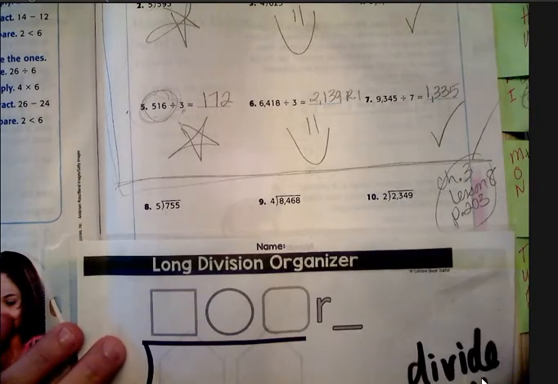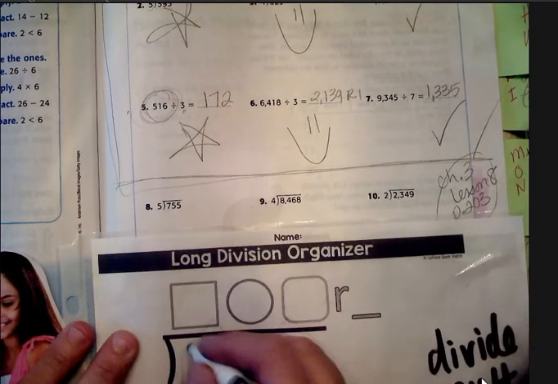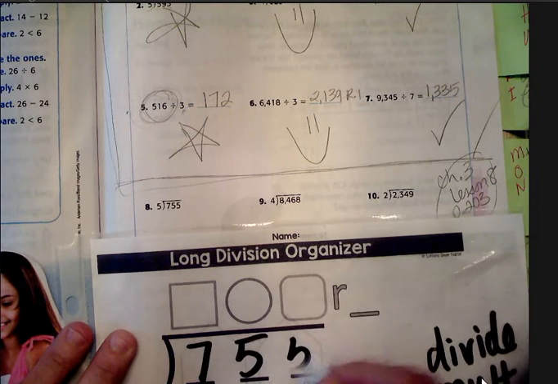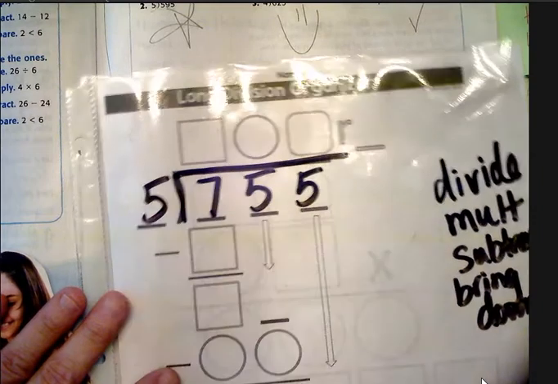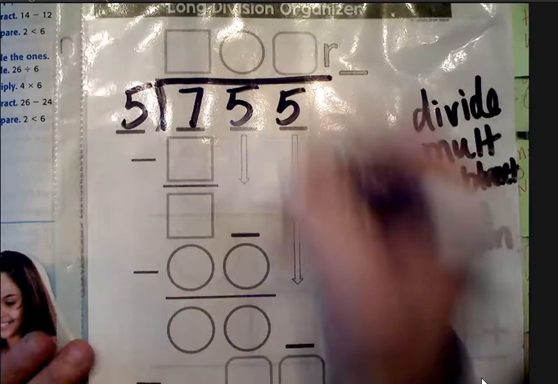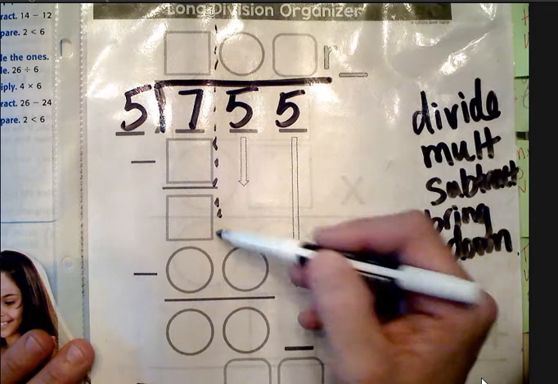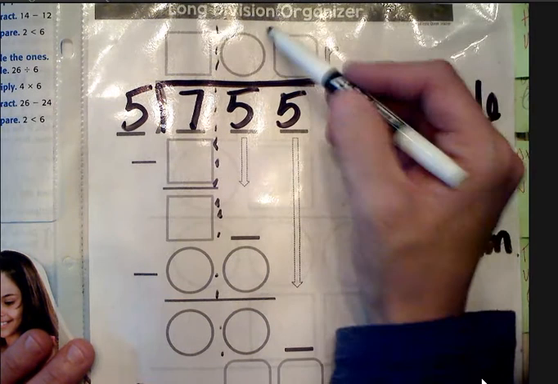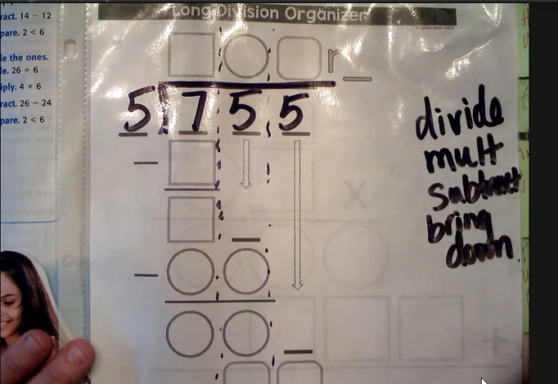It is 755 divided by 5. So remember, I'm using this to help keep myself organized. If you don't have this paper for some reason, you can write it in your book. You just have to be really careful to keep these things lined up.